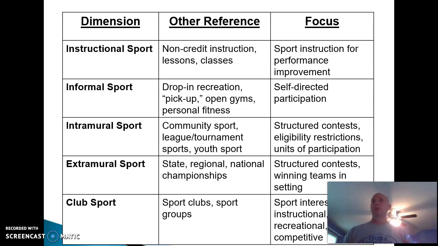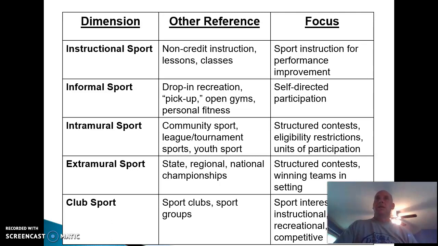It's basically intramurals. It's for their community. It's inside the community. Intra is inside the community. So that sets up, and you'll see leagues, tournaments within that, youth sport, adult sport. It's basically structured contest with eligibility restrictions.